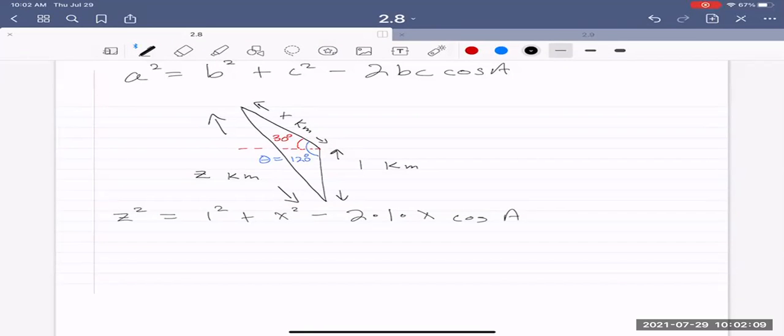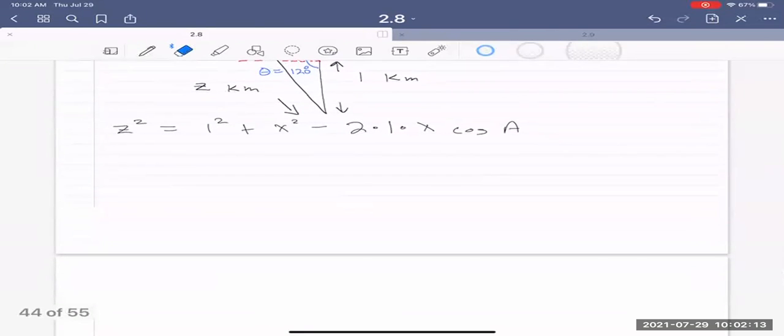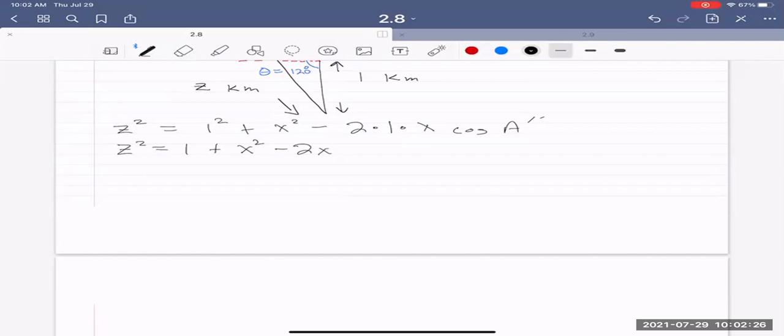And so I have z squared equals 1 plus x squared minus 2x cosine theta. Let's call that angle theta.